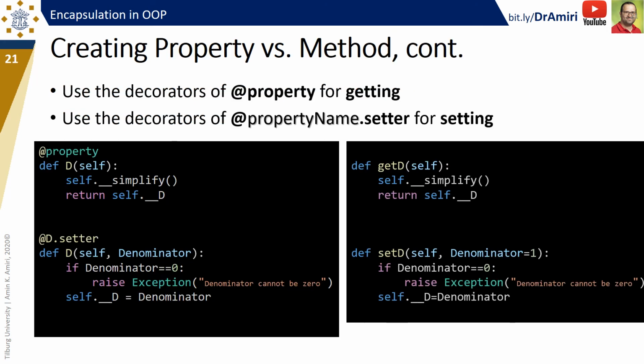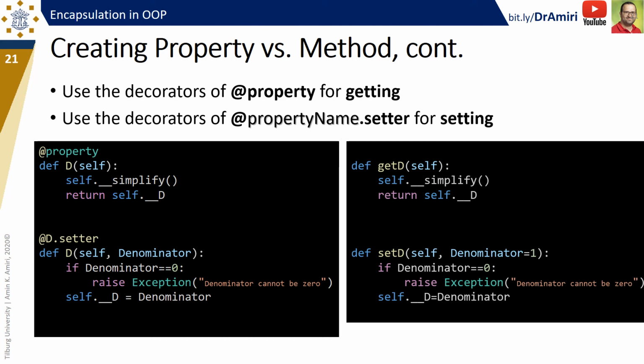So how can we create a property? First, we learn how to create a getter property. You need to use the decorator @property for that. So if you're asked to create a getter property for a private variable, for example, private d, first you need to write down the getter method. So you see, we have written the getter method.